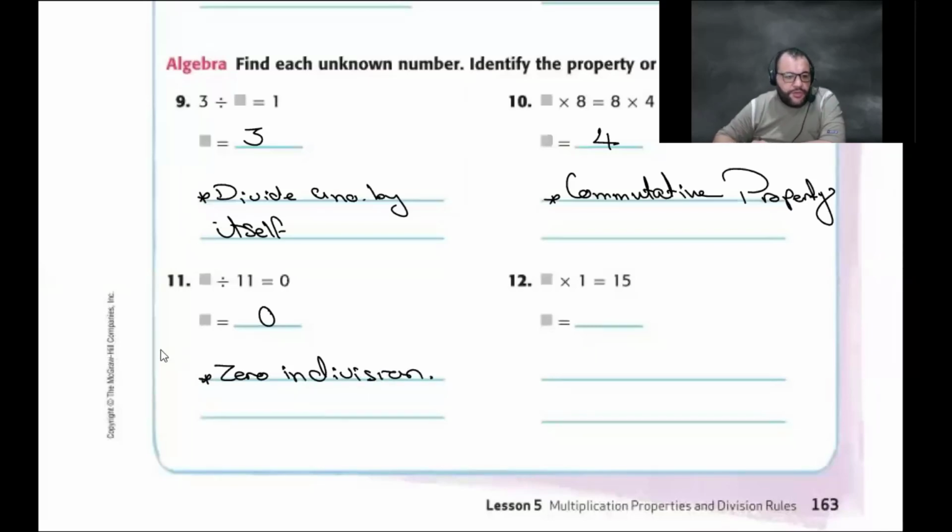Okay. Number 12, the last one. Mahir. Teacher, what is the answer for number 12? What multiplied equals 15? 15 multiplied by 1 equals 15. What is the name of this property?